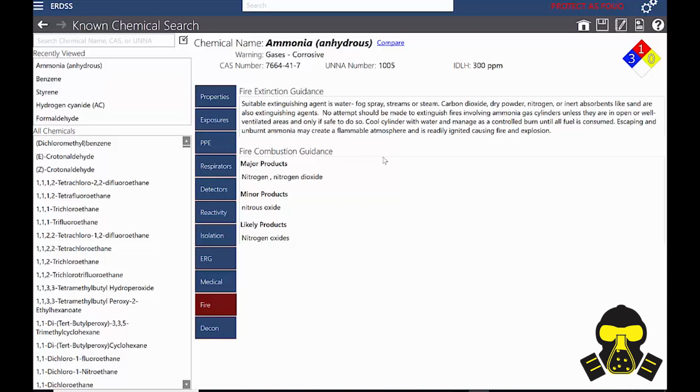Carbon dioxide, dry powder, nitrogen, or inert absorbents like sand are also suitable extinguishing agents. No attempt should be made to extinguish fires involving ammonia gas cylinders unless they are in open or well-ventilated areas, and only if safe to do so. Cool the cylinder with water and manage as a controlled burn until all fuel is consumed. Escaping unburnt ammonia may create a flammable atmosphere and is readily ignited, causing fire and explosion.